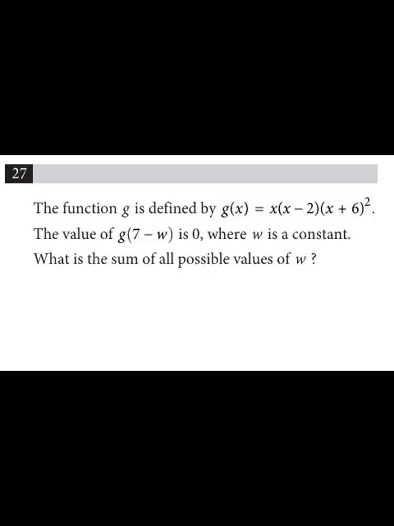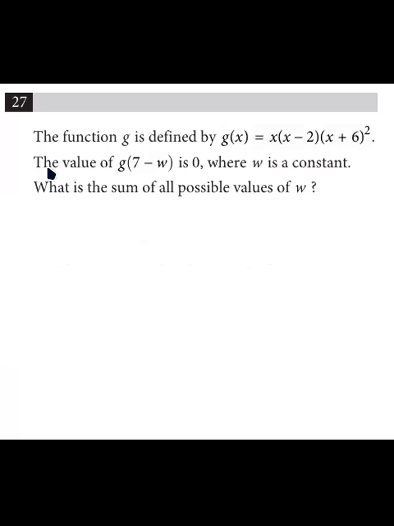Question 27. So function, we're told the value of g of 7 minus w is 0, so that means we're just plugging in 7 minus w for x.